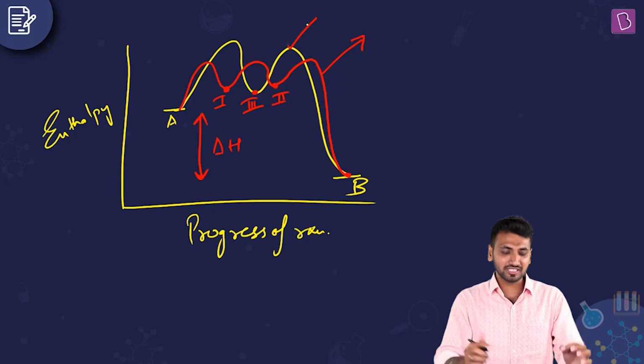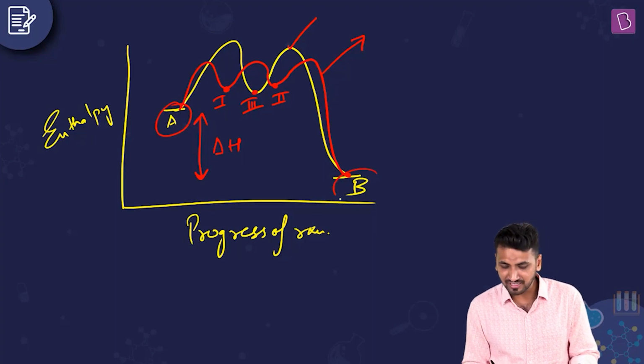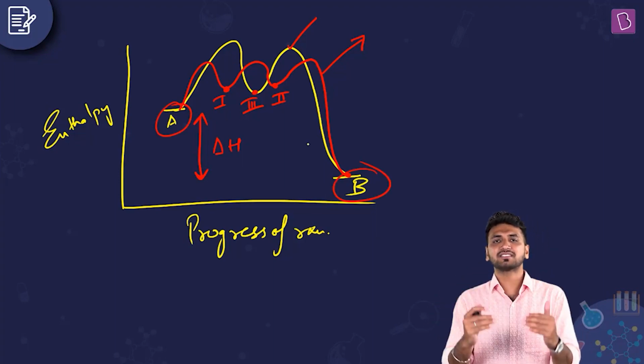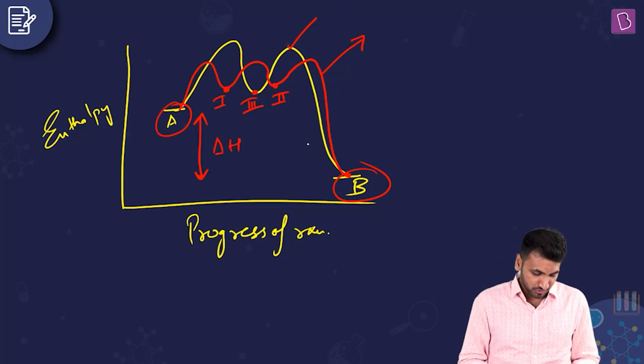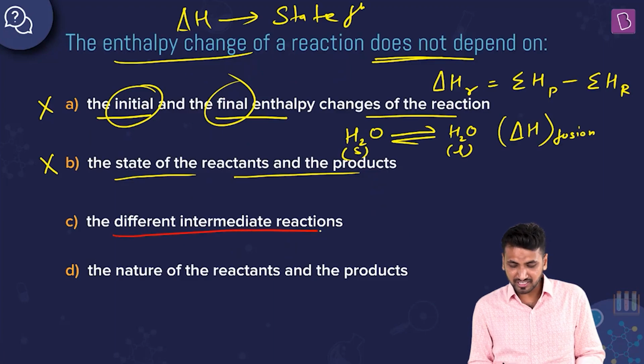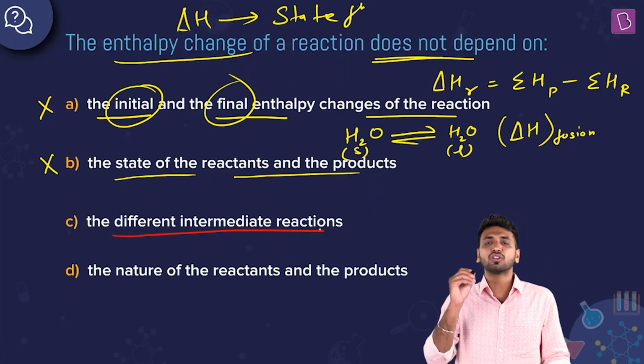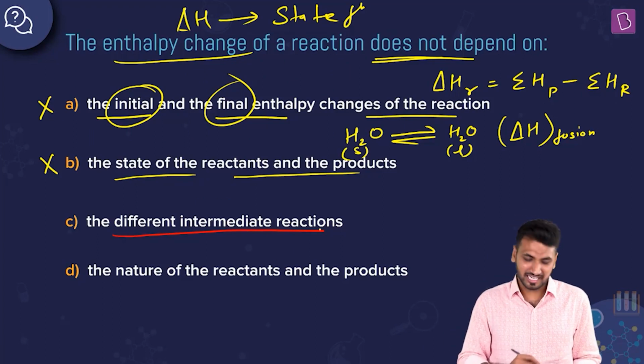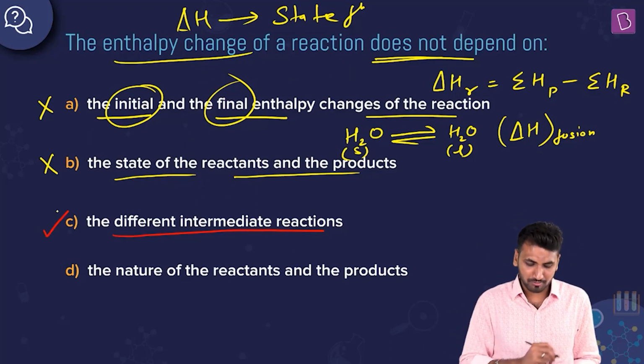It only depends on the initial state A and final state B. So the different intermediate reactions are not going to hamper the enthalpy change. That means C should be the probable answer.